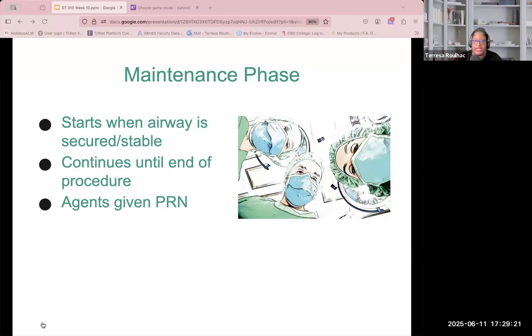Okay. We want to keep them unconscious. We want to keep them comfortable and stable throughout the procedure. This phase makes sure that the patient remains adequately anesthetized and stable throughout whatever procedure it is, from a craniotomy to a heart transplant to a cholecystectomy. It doesn't matter. Okay.